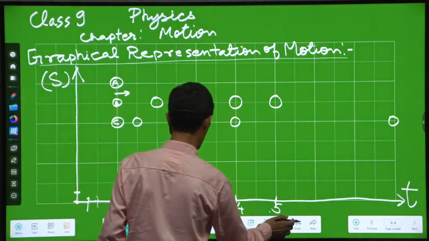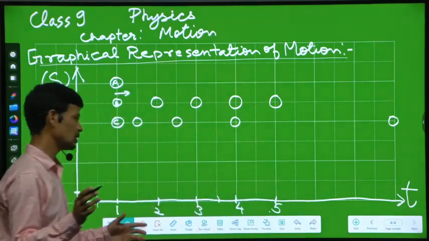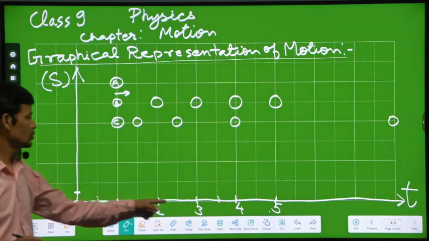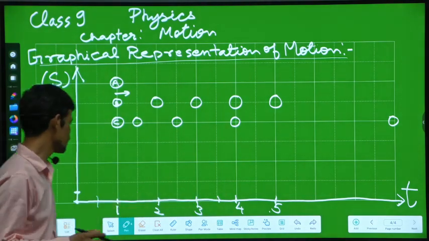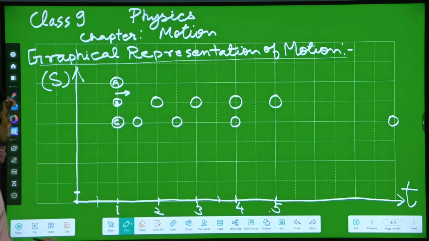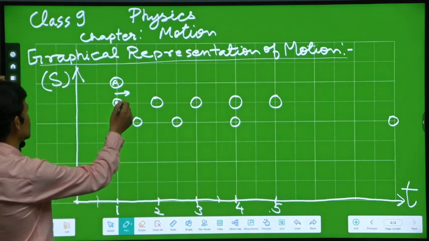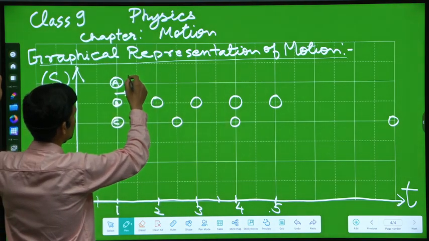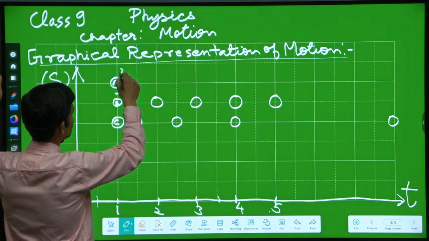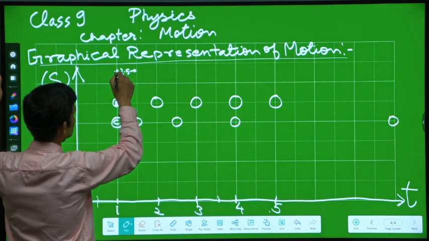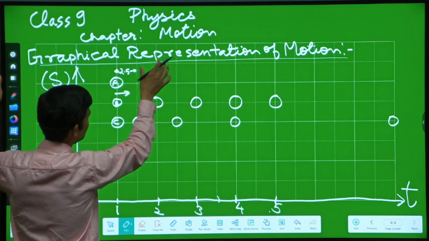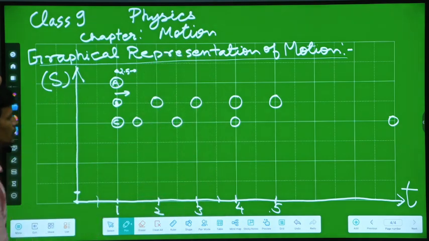This is our choice, what we are considering as 1 second. So 1, 2, 3, 4, 5 and so on. And its distances, let us suppose, are 2.5 meter, then 5 and so on.